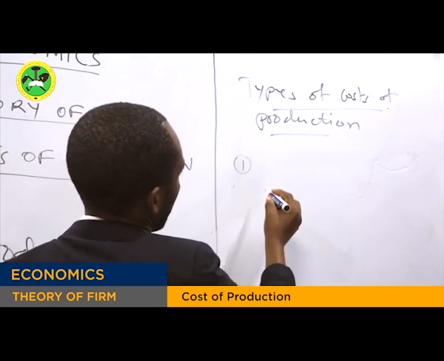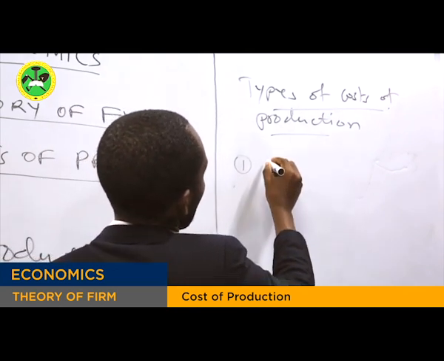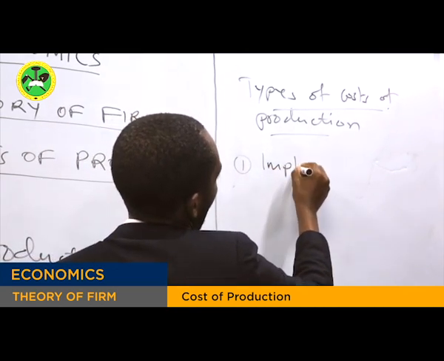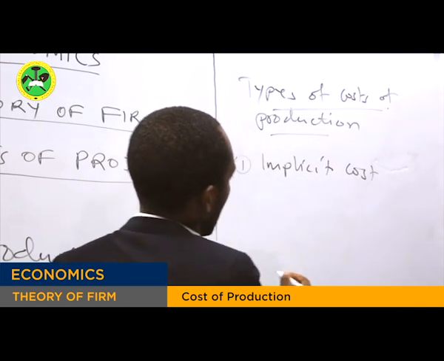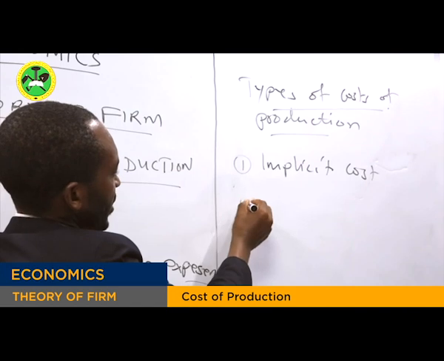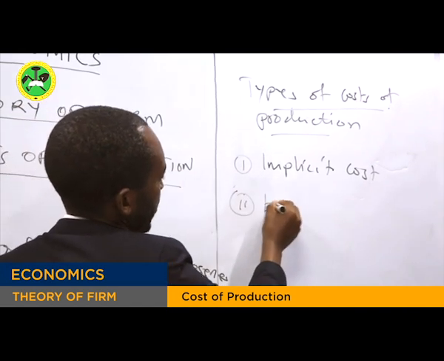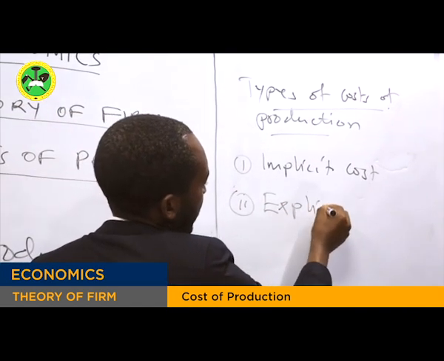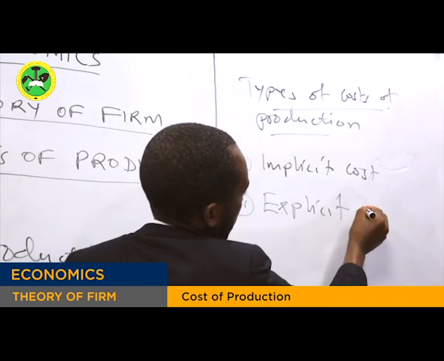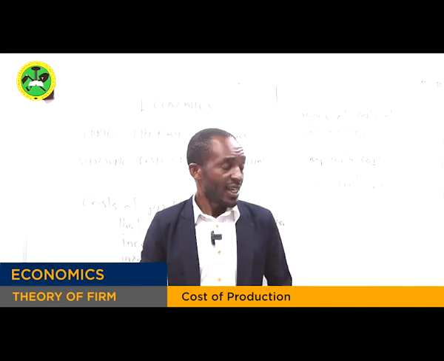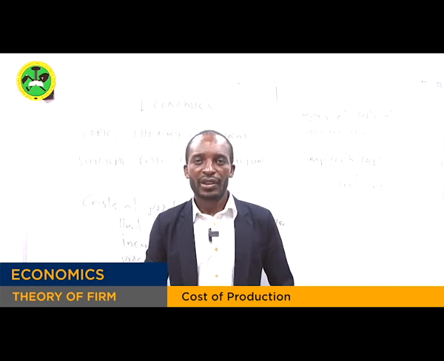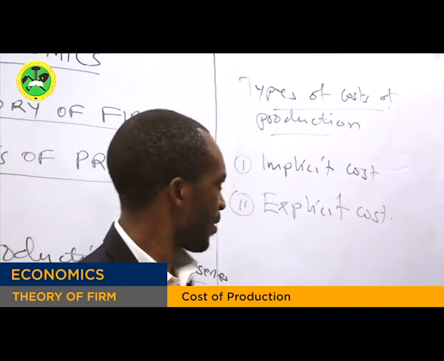One is implicit cost, and the second is explicit cost. Now let us start with implicit cost.